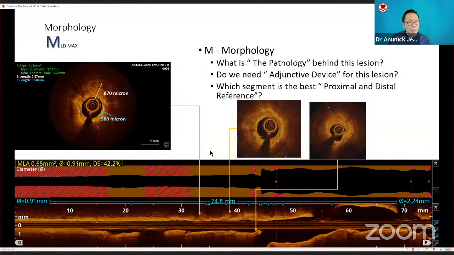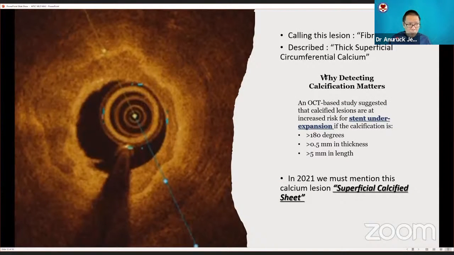After that, you have to see the morphology, which part looks normal, so you can choose the proximal and distal reference. Before we move on, this kind of lesion we call a fibrocalcific lesion, described as thick superficial circumferential calcium, and we also measure the very important things.